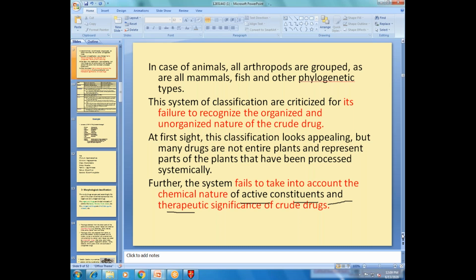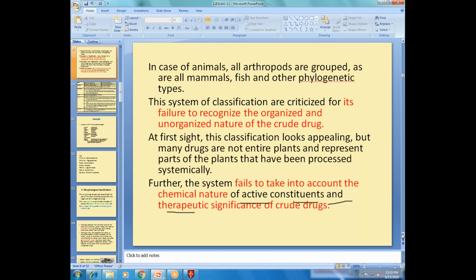So when I say the biological source is the dried seed kernels of Azadirachta indica, there I don't want to see the tree. I just want to see the seeds. At that time, you feel it is not appealing, or not a good type of classification.